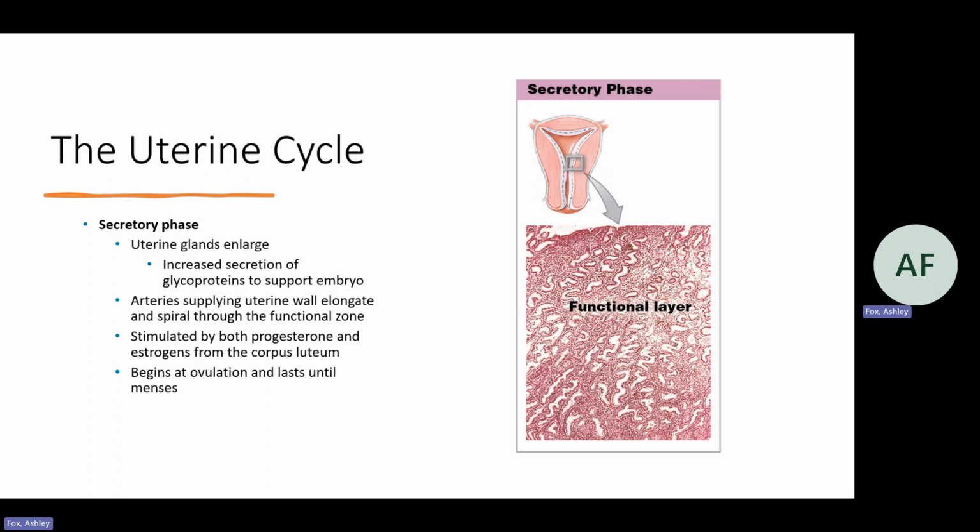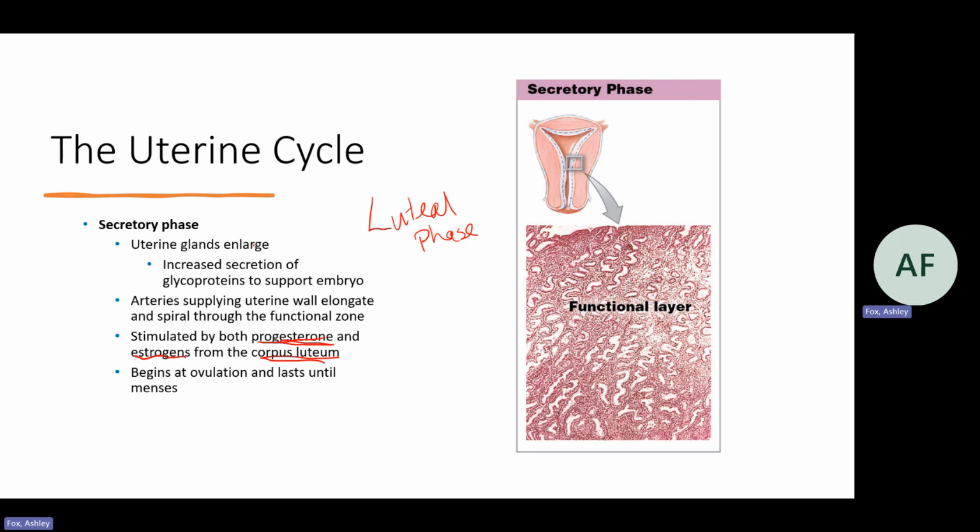The last phase is called the secretory phase. And this is coinciding with the luteal phase of the ovarian cycle. This is when progesterone is going to be high, and we still have estrogens, but progesterone is the main one.